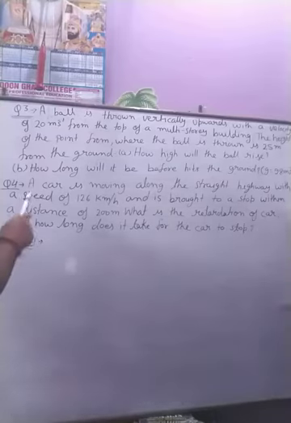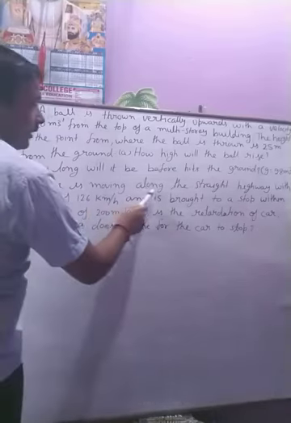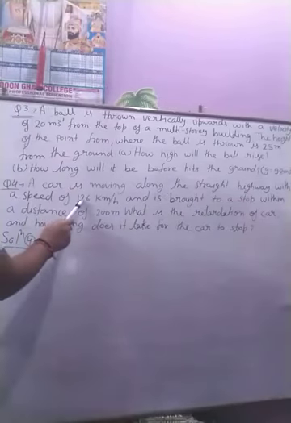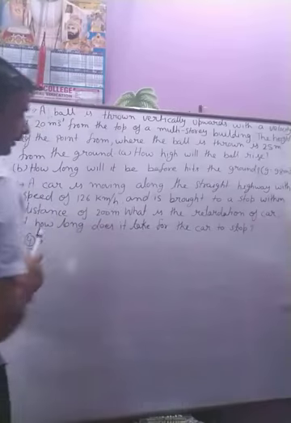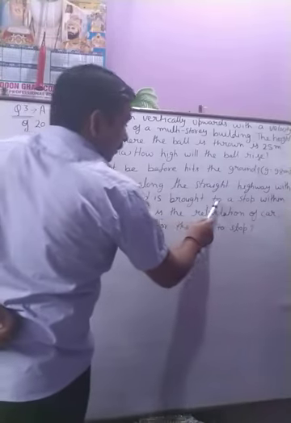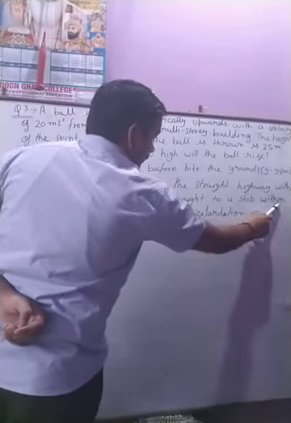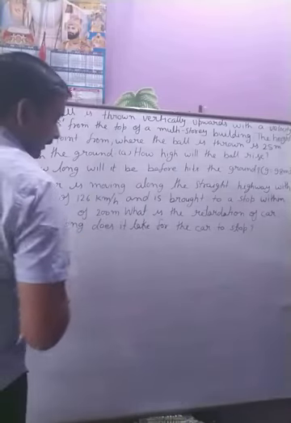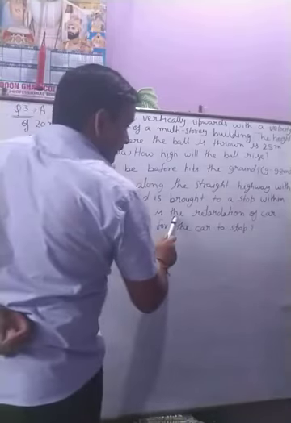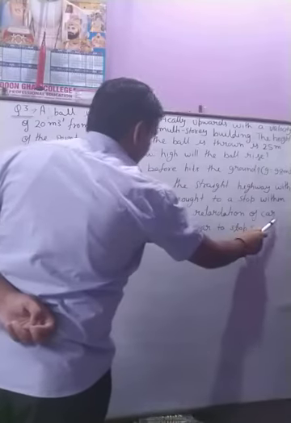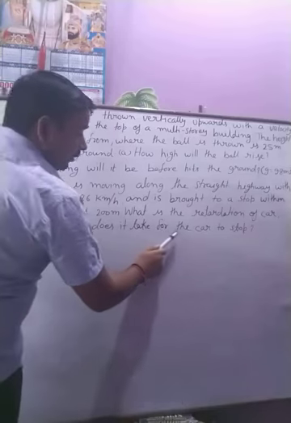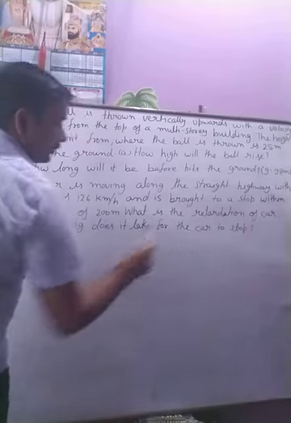The question is, a car is moving along the straight highway with a speed of 126 km per hour and is brought to a stop within a distance of 200 meters. What is the retardation of the car and how long does it take for the car to stop?